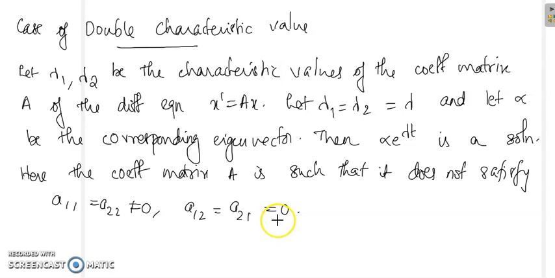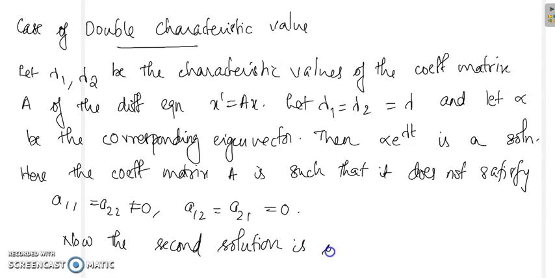Now let us look for the second solution. The second solution will be of the form x equal to gamma t plus beta, times e raised to lambda t.